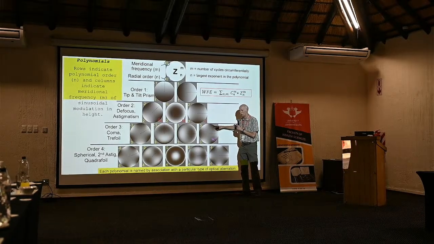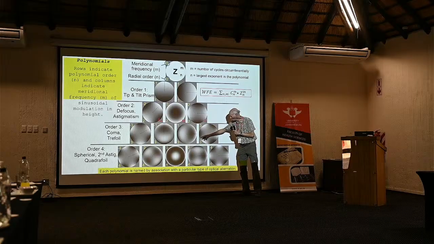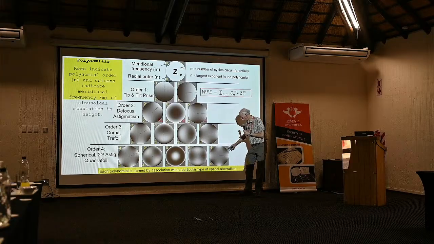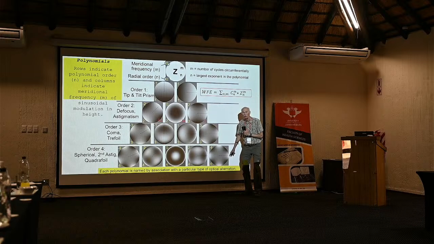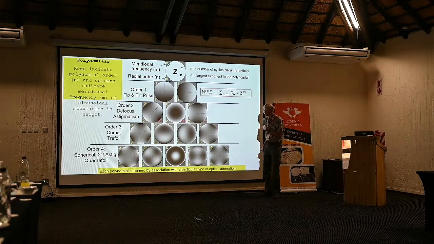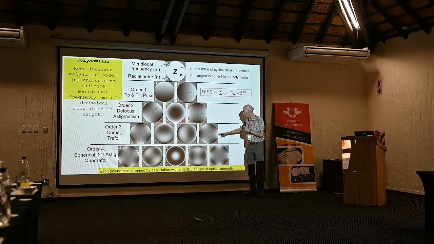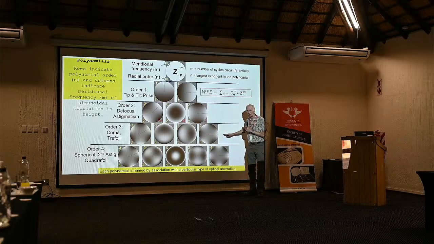This is the peak, that's the trough. And you see how the peak cycles once and twice to get back like this one. This one goes around once, twice, 3 times. And this one, the peak is on the horizon, on the 0 meridian.